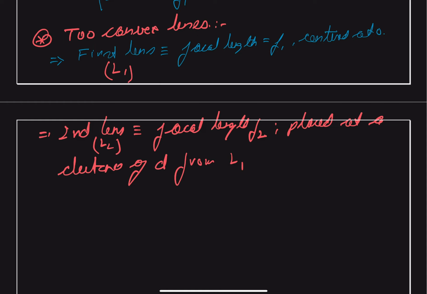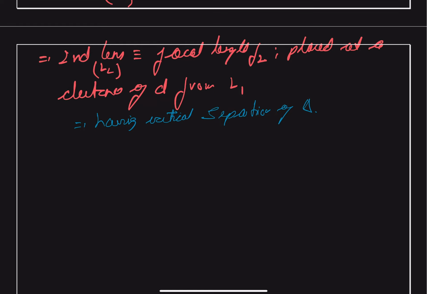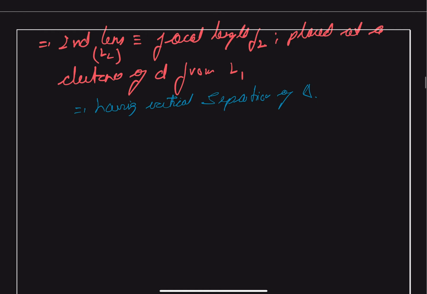An important part is that there is a vertical separation of delta. Therefore, for the first lens, the rays are coming in parallel, so the light will be focused at a distance of one focal length, that is f1, for lens L1.